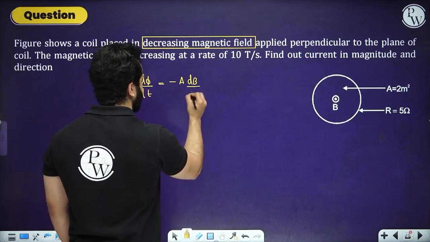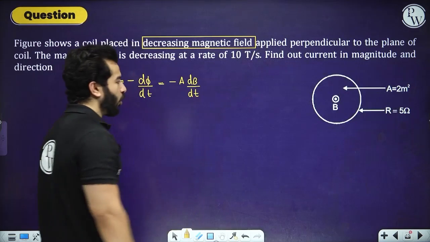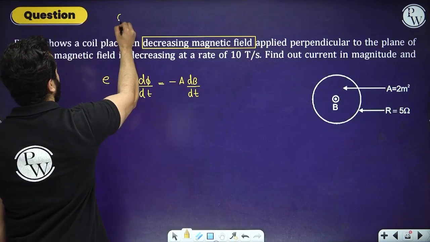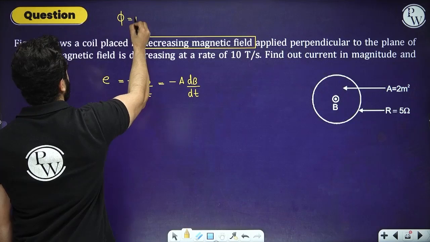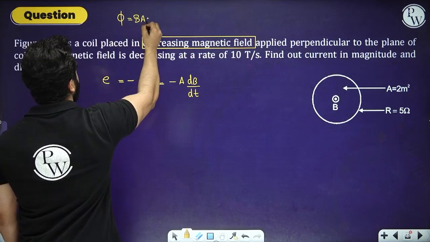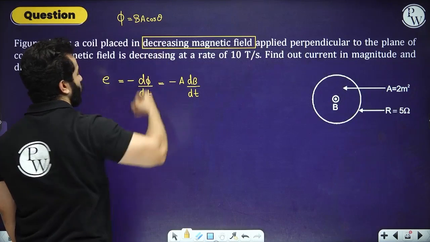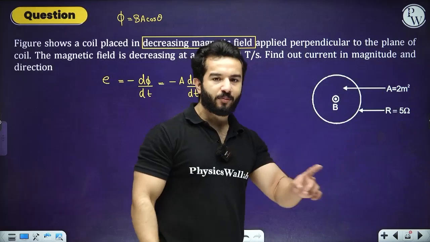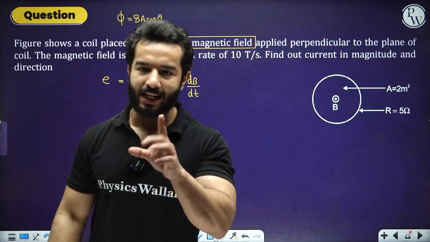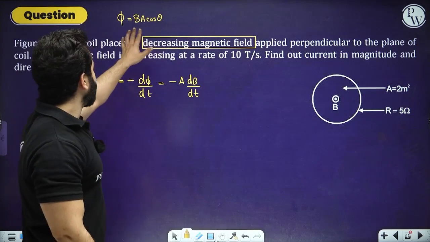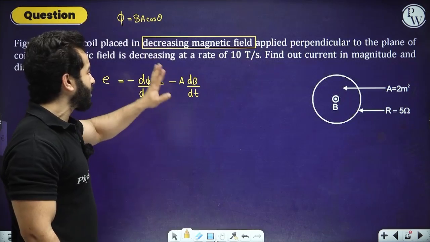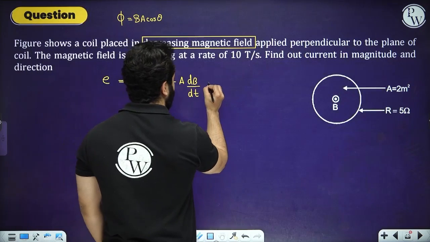Now please understand each and everything. Although the flux is written as BA cos theta, over here we can see that the angle between area vector and magnetic field is 0. So cos 0 will be 1, and out of B and A, A is a constant. So that means minus A dB by dt.